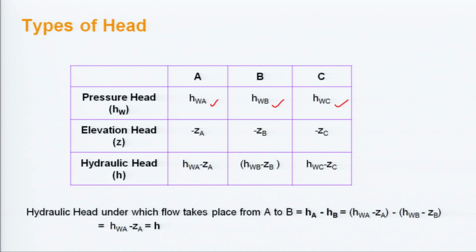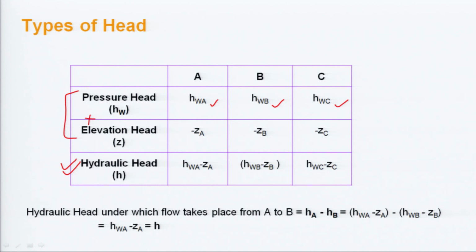When we talk about the hydraulic head, it is HWA minus ZA. You have to understand here that this is the pressure head plus the elevation head. When we add these two terms, we get the hydraulic head, the energy in the water which causes the flow. This hydraulic head is responsible for the flow to take place from one end to another.